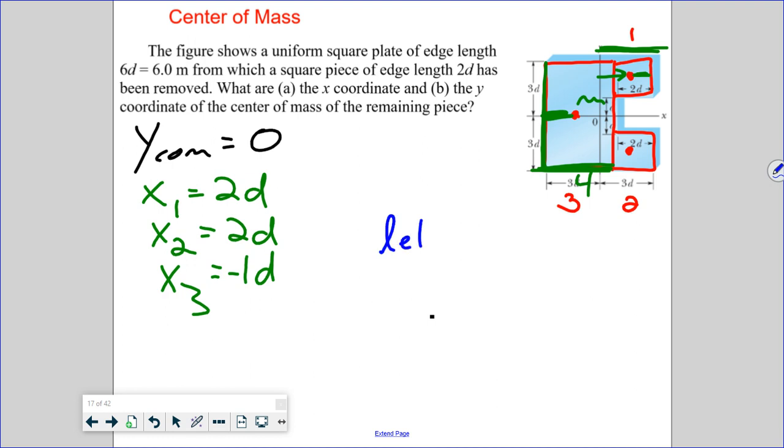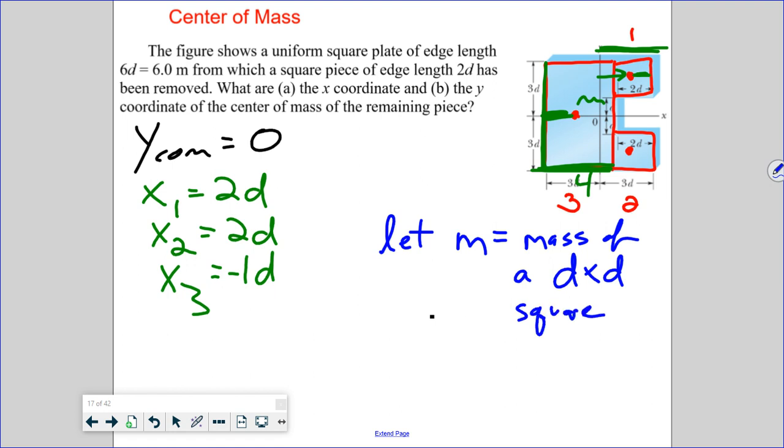Let m represent the mass of a square with an area of d by d. Okay.